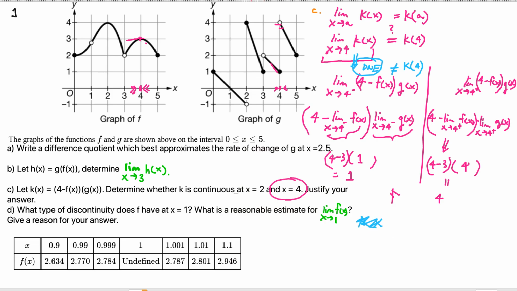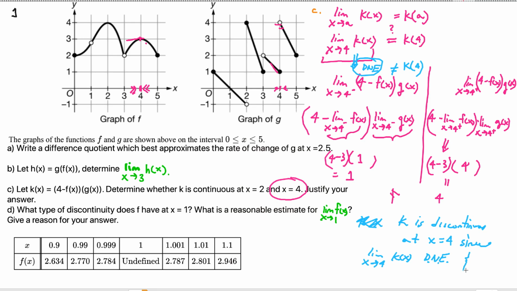We also want to justify our answer, so we want to write this last sentence. We want to be able to say why it's true. So I have: k is discontinuous at x equals 4 since the limit as x goes to 4 of k of x does not exist.